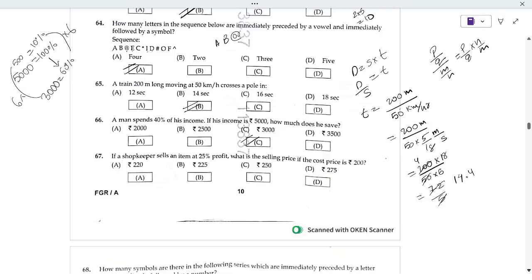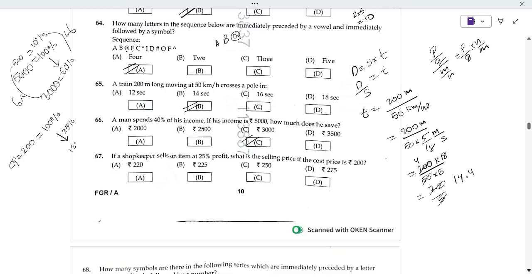A shopkeeper sells an item at 25% profit. What is the selling price if the cost price is 200? So the answer is what? 250. Let's check. Cost price is 200, that is 100%, and he sells at 25% profit.